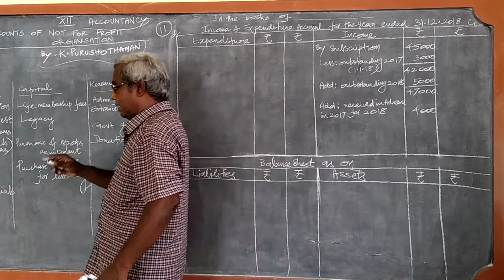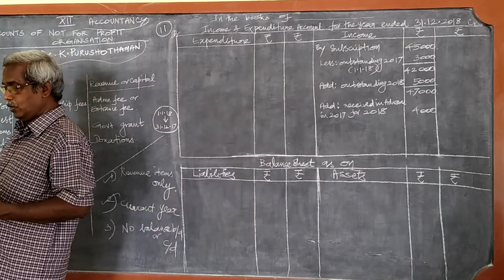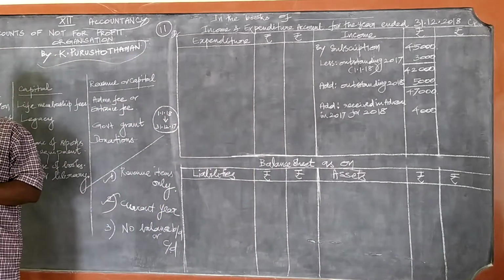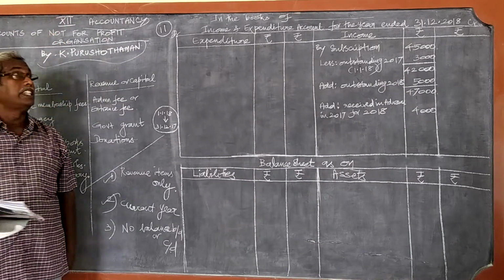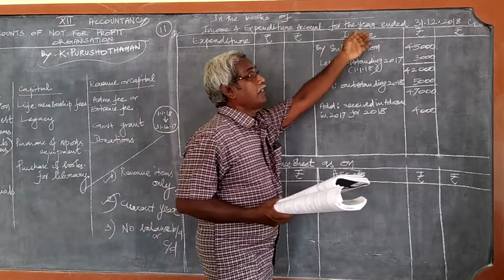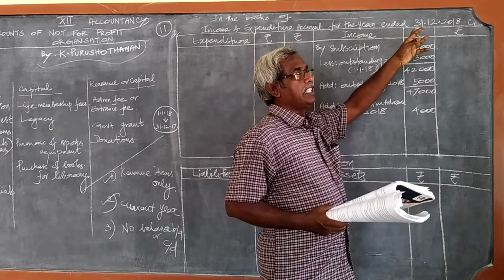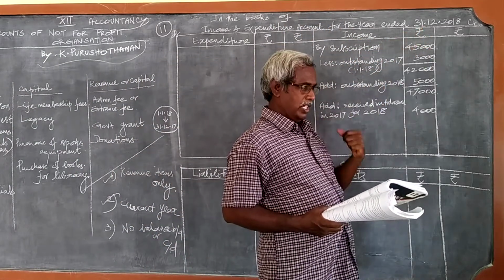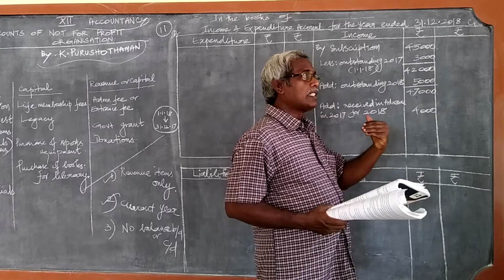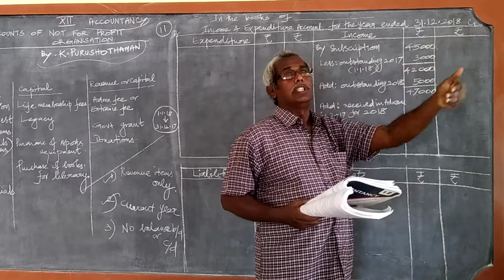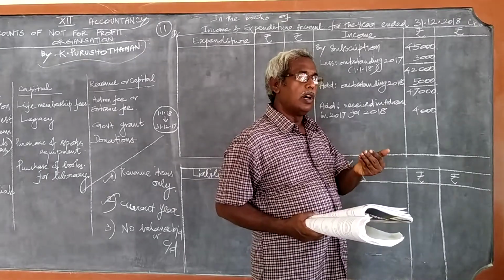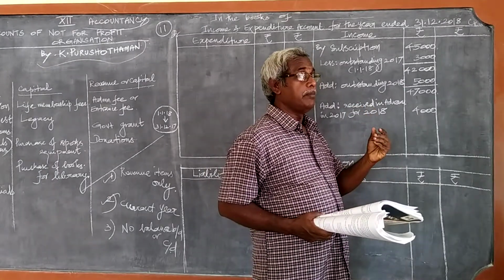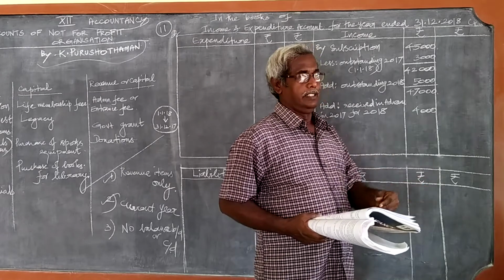In 18, the next amount, the 7,000 you see. Subscription received in advance on 31/12/2018. At the end of this year, we are receiving some subscription in advance. Therefore, it is for the next year 2019. Subscription received in advance in 17 means for 18.